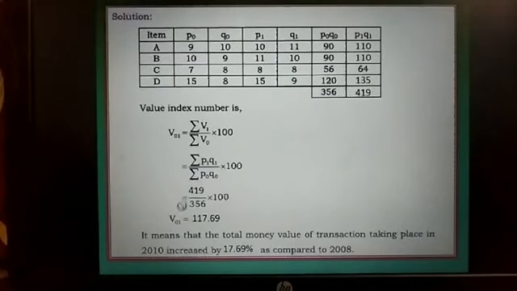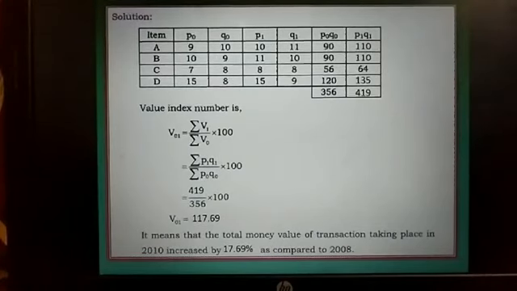So when you perform arithmetic calculation, you are going to get, students, here V01 is equal to 117.69. You know already interpretation of index numbers after arriving at the final answer.